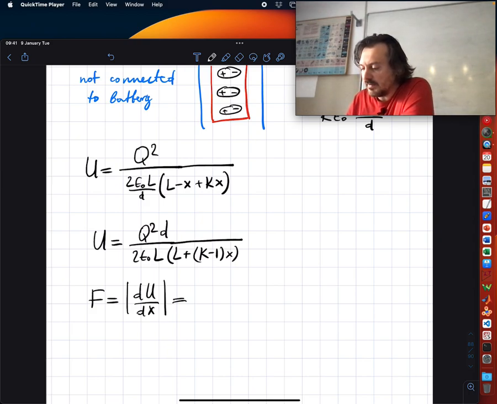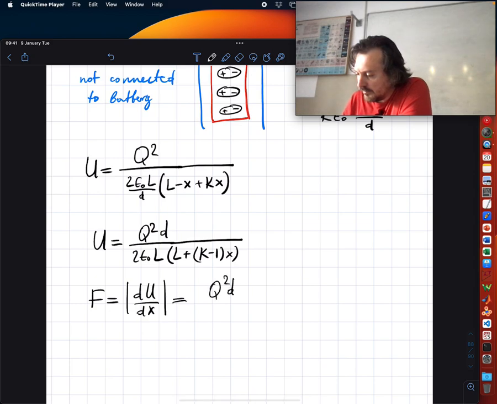Do you know how to take the derivative of this one? What do you get? We are taking the derivative, and there are constants already. Let me do it, and you just tell me whether I was successful or not.